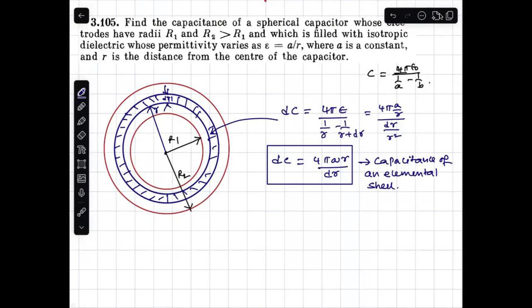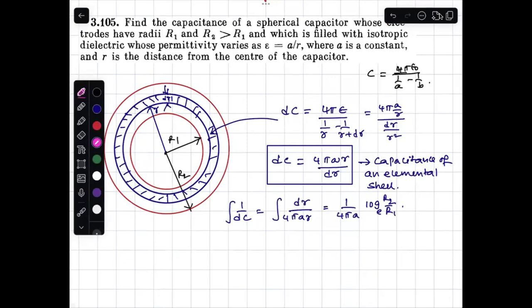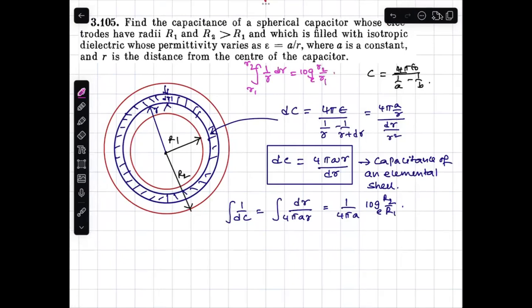Therefore, 1 by dC is equal to dr by 4 pi A r, giving 1 by 4 pi A log e r2 by r1. Agreed? You know this integration, right? Integral 1 by r dr is logarithm. Why are you looking surprised? Integral of 1 by r dr from r1 to r2 can be written as log e r2 by r1.